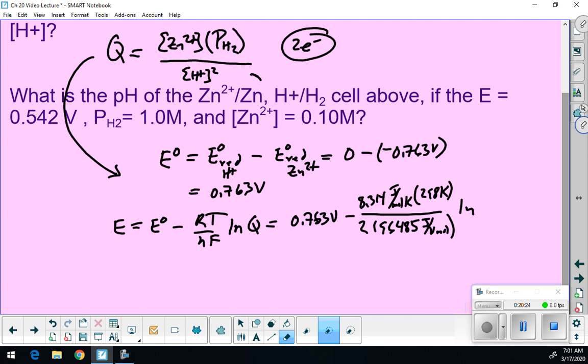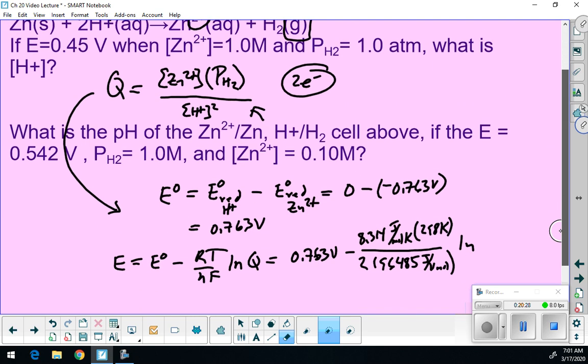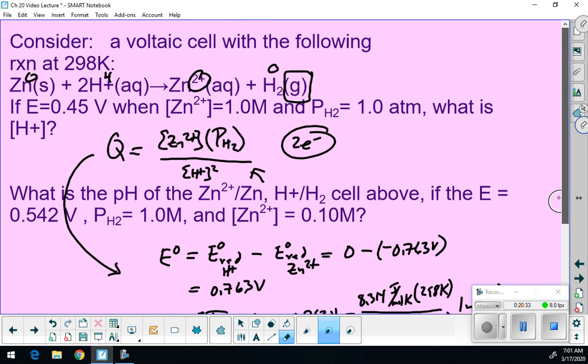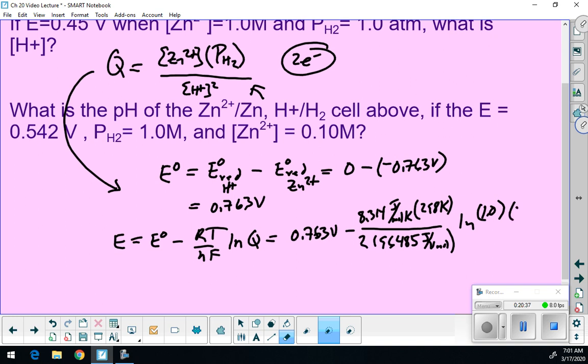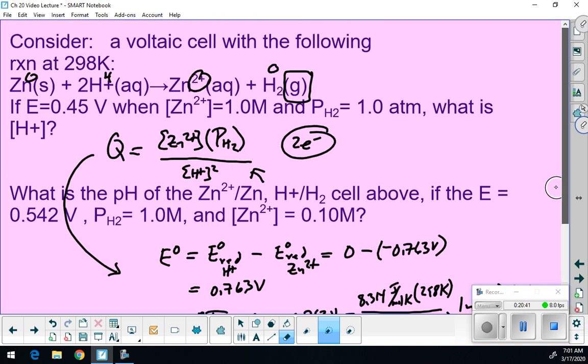Here's my Q up here. We already know this, so I can just drop in my values. My zinc is 1 molar times my partial pressure of my hydrogen is 1 atmosphere divided by the concentration of my, oh boy, they made this hard.